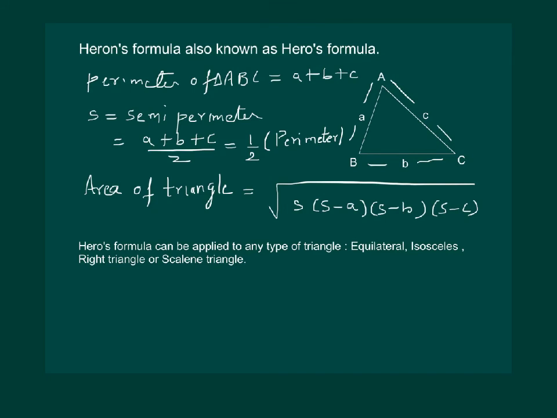It is important to note that Heron's formula can be applied to any type of triangle, be it equilateral triangle, isosceles triangle, right angled triangle, or a scalene triangle, provided we know the length of the three sides of that particular triangle.